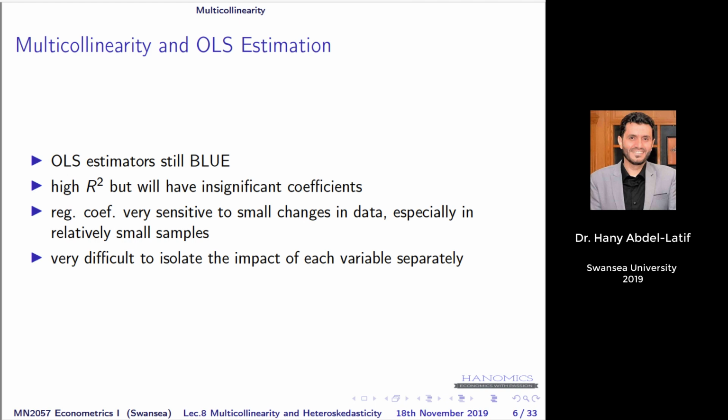Your model looks fine because you have a high R square value, but when you look at your individual coefficients, you find them statistically insignificant, which is not what you expected, or not what theory would suggest. So there must be something wrong in your specification or in your model.